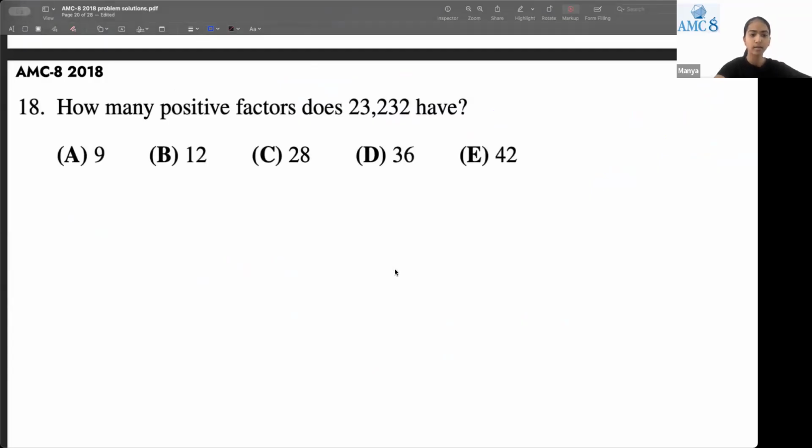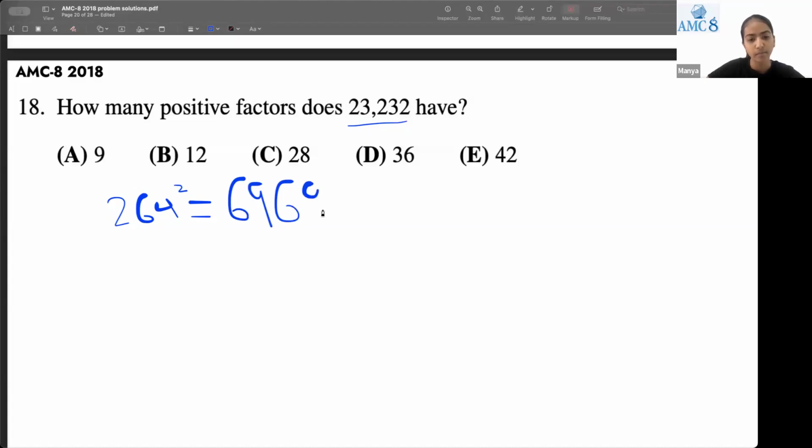Problem number 18. How many positive factors does 23,232 have? Instead of finding all the factors of that, we know that 264 squared, if you just multiply it by 3, is going to be equal to 69,696.